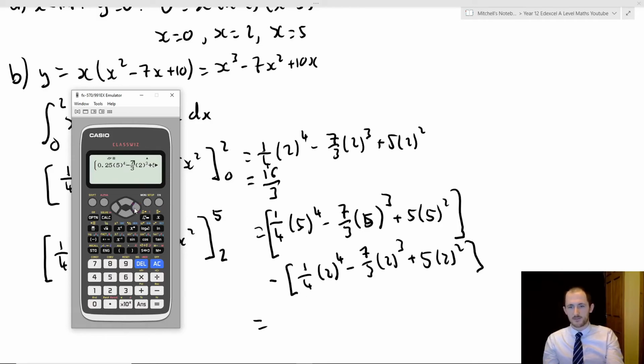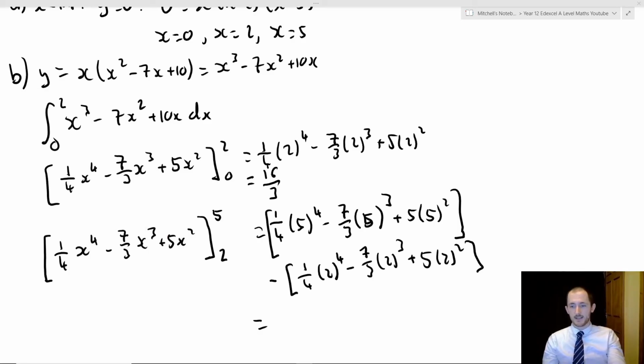That's valid too. I still need the brackets though, so that's fine. So if I put that in brackets, and now if I subtract the 16 over 3, I get minus 63 over 4.